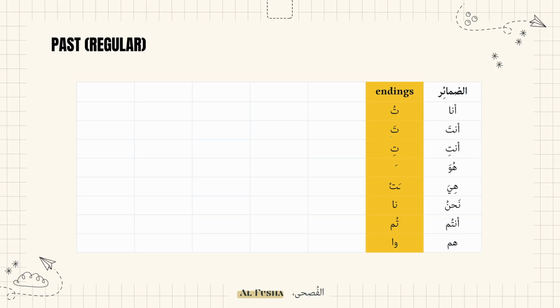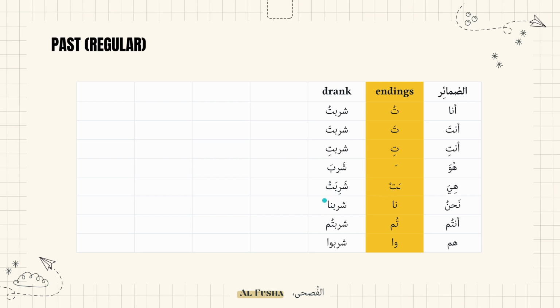Let's see an example. Here, to drink. For أنا, again, you say شربت, أنت شربت, أنتِ شربتِ, هو شرب, هي شربت. You put at. نحن شربنا.